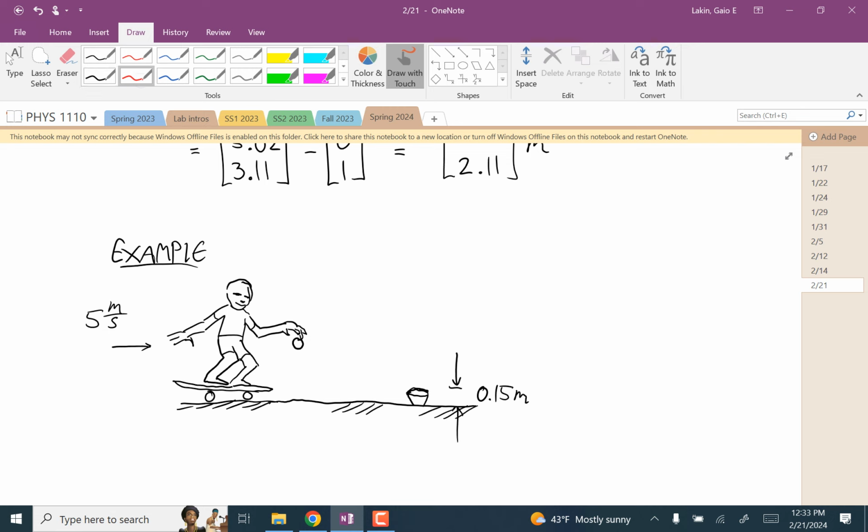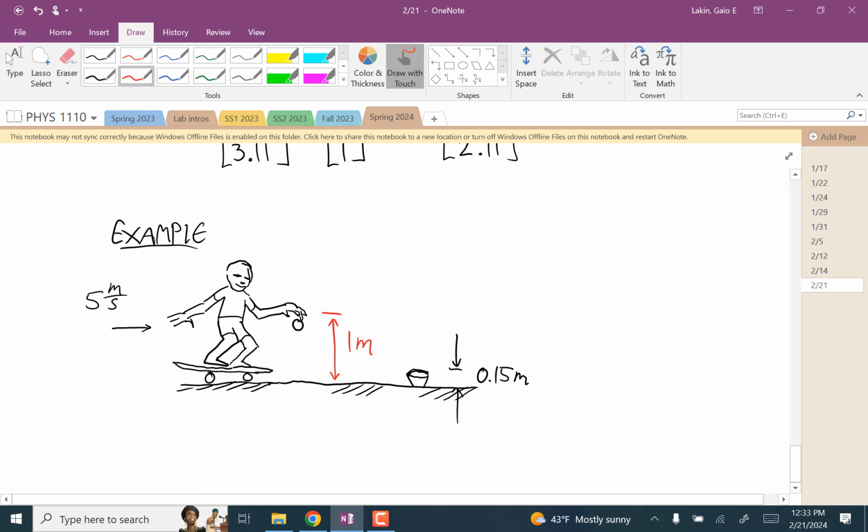And if you drop the ball from a height of 1 meter, you want to know how far away from the cup you need to drop that ball so it lands in the cup, okay? I mean, you can imagine this is going to go crazy on YouTube if you can make this work, you know? Everybody wants to see this.